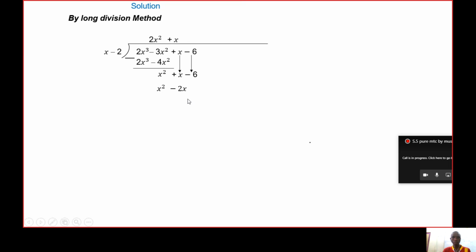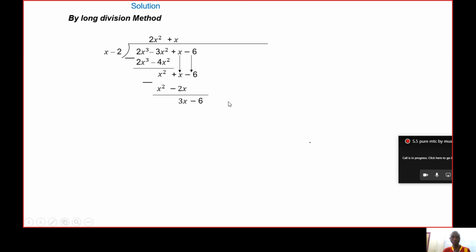Now, because this term and this are the same, the next thing is subtracting. So x squared minus x squared, I get nothing. x minus negative 2x, I get positive 3x. But up here, I will be left with only a negative 6, so I'm supposed to lower it.